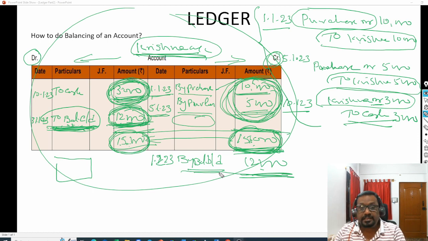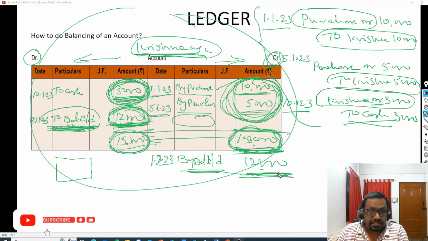So if I want to bring that as an opening balance for the next period, to balance carried down is here and I need to bring this as by balance brought down. Why balance brought down? Balance brought down is something I am bringing from the previous month. That is the reason this 12,000 should come on this side. Very simple. There is no complexity here. Very easy to post the transaction and very easy to balance the transaction. Are you clear? Very good.